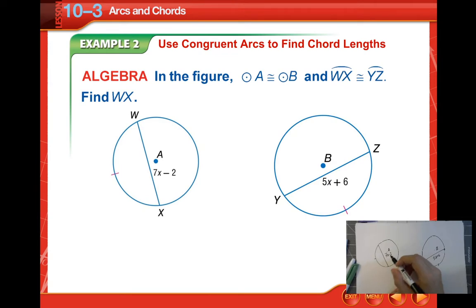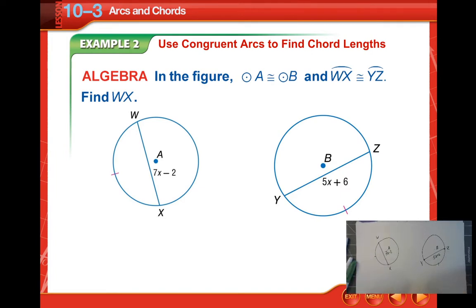So a couple layers of things we had to know first. And if those did not happen, we can't solve this problem. First, we have to know A and B match. If we don't know that, these are just two circles, they could be anything. We also had to know these two match as well.